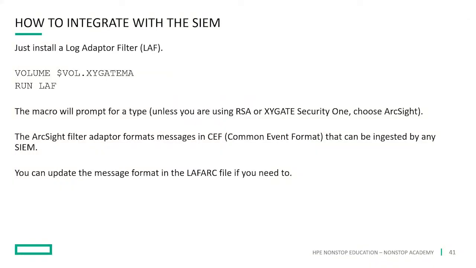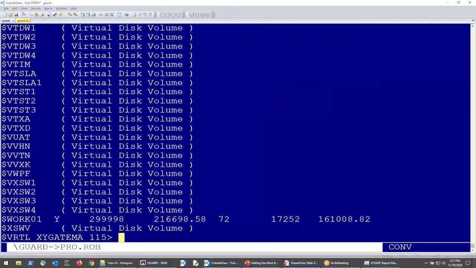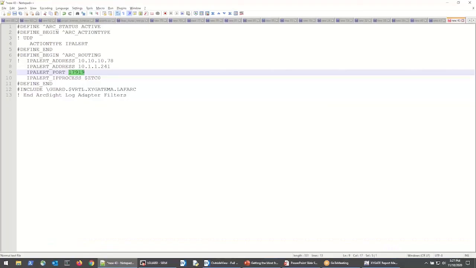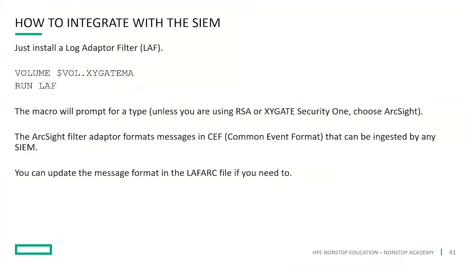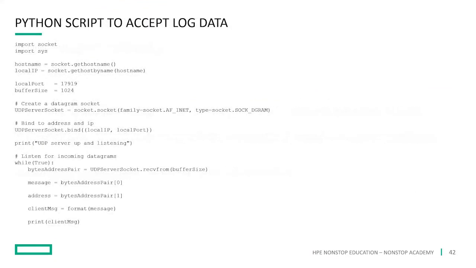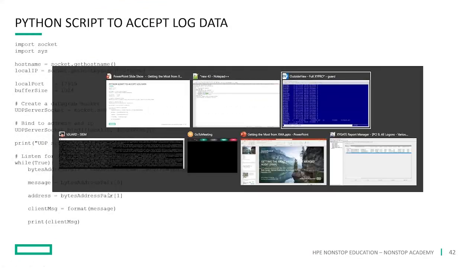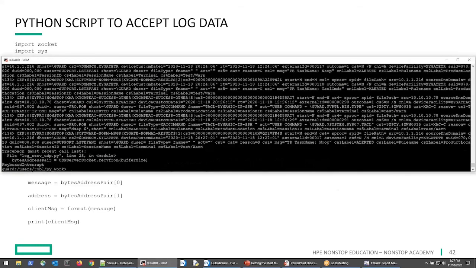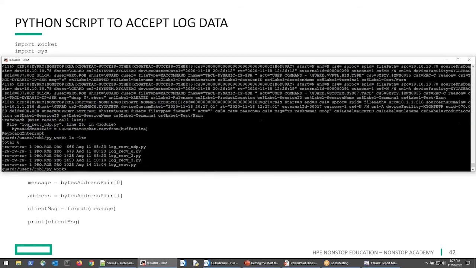Like I said, this is common event format. You are welcome to massage that format into anything you want to at any time. Use the XMA edit filters file to update that file, and you'll be fine. This is the script I used to accept the data on the NonStop. All I did here was run a Python script.